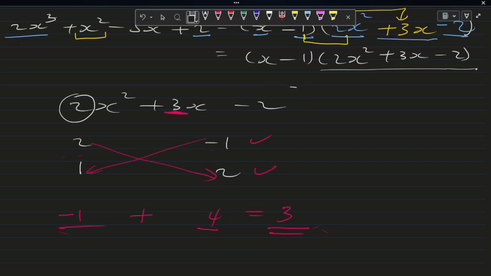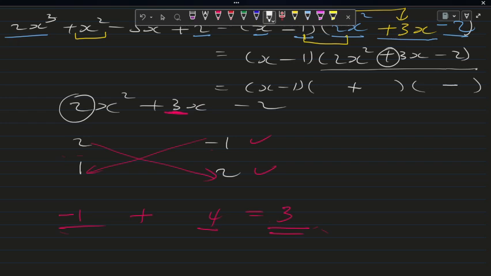We can structure this up. We can say that we have x minus 1, and then we can have two brackets for that trinomial. Now, you will remember that the sign of this one is directly from this one.